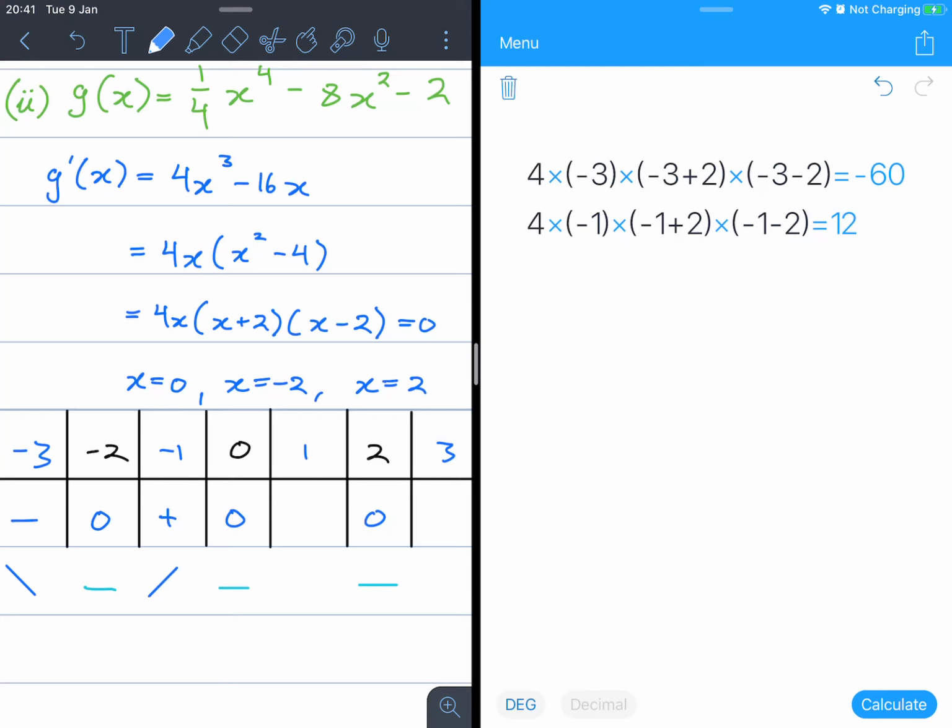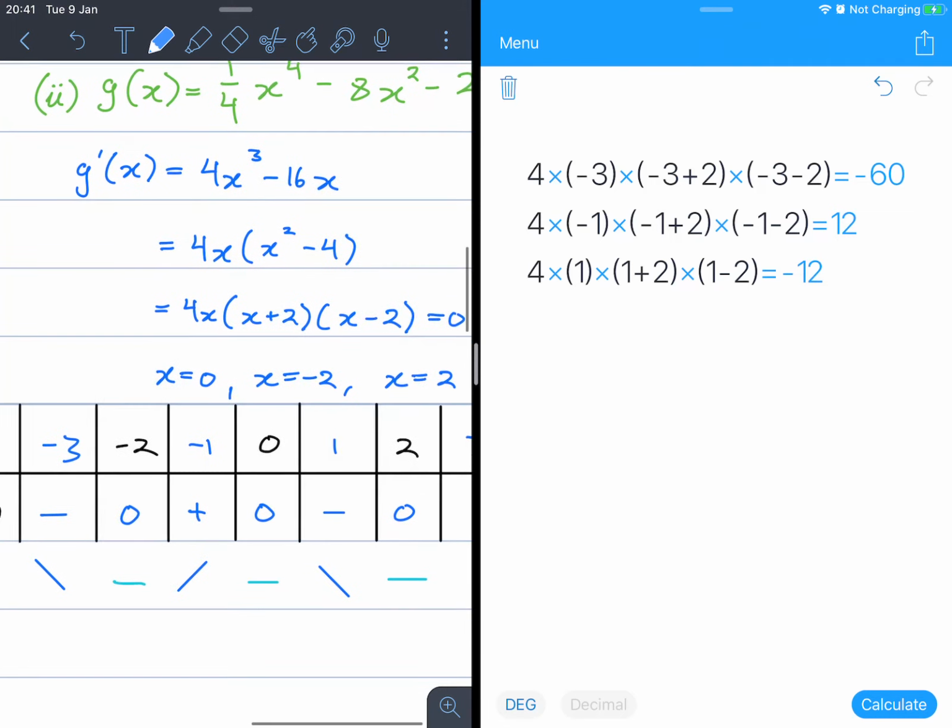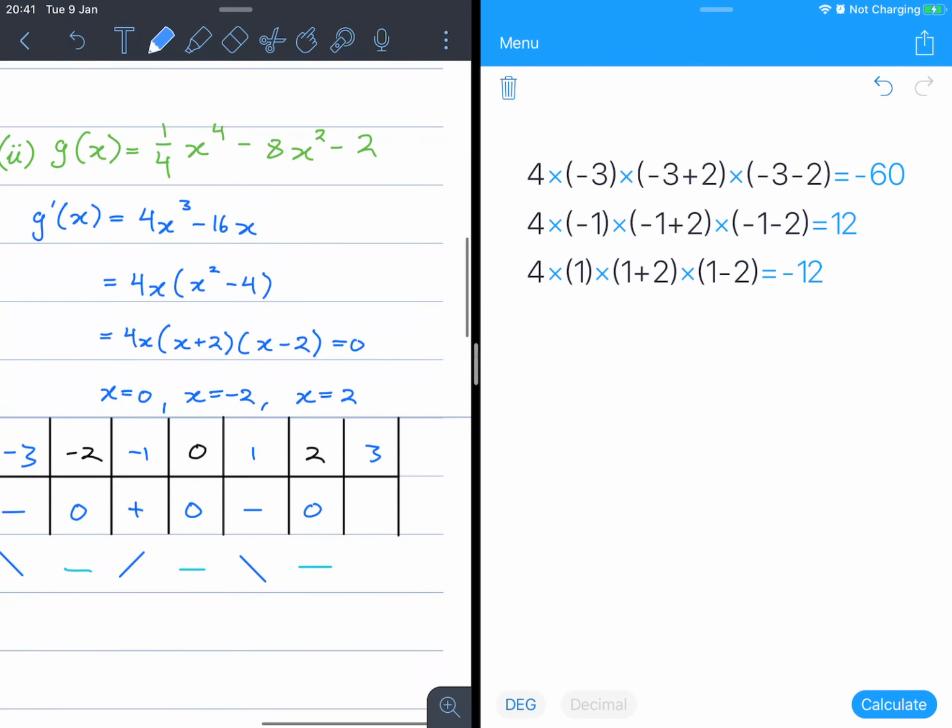Let's substitute the value of 1. 4 times 1, 1 plus 2, 1 minus 2. That gives us a negative. That's decreasing. And lastly, we'll substitute the value of 3 into this.